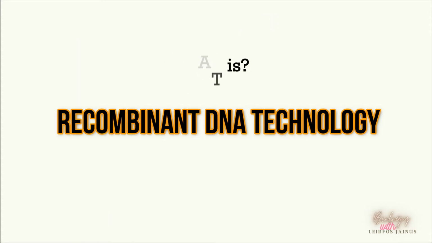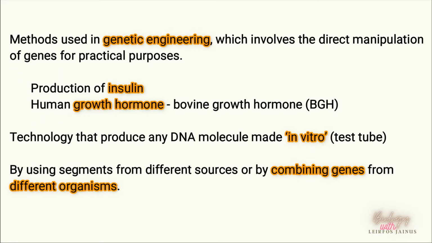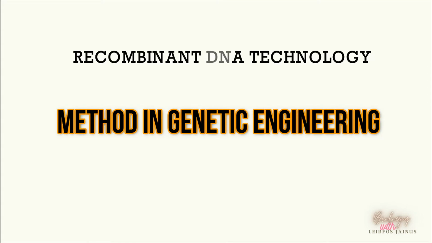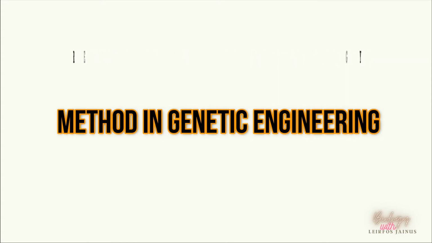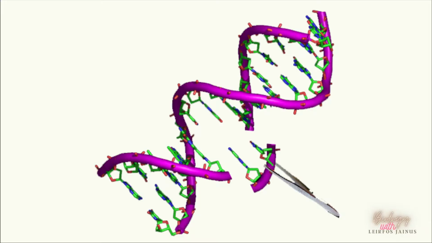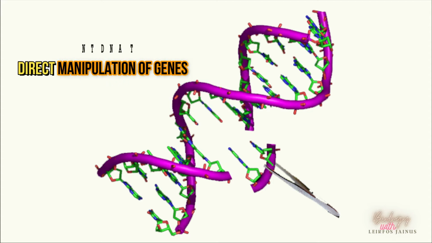So what is recombinant DNA technology? Recombinant DNA technology is one of the methods in genetic engineering in which we have a direct access to the gene or to the DNA. In other words, we will have a direct manipulation of the gene.